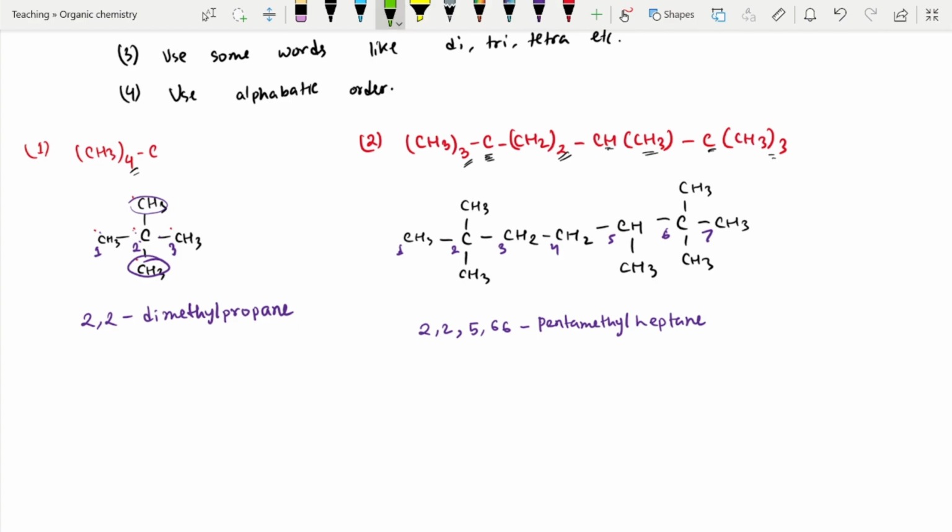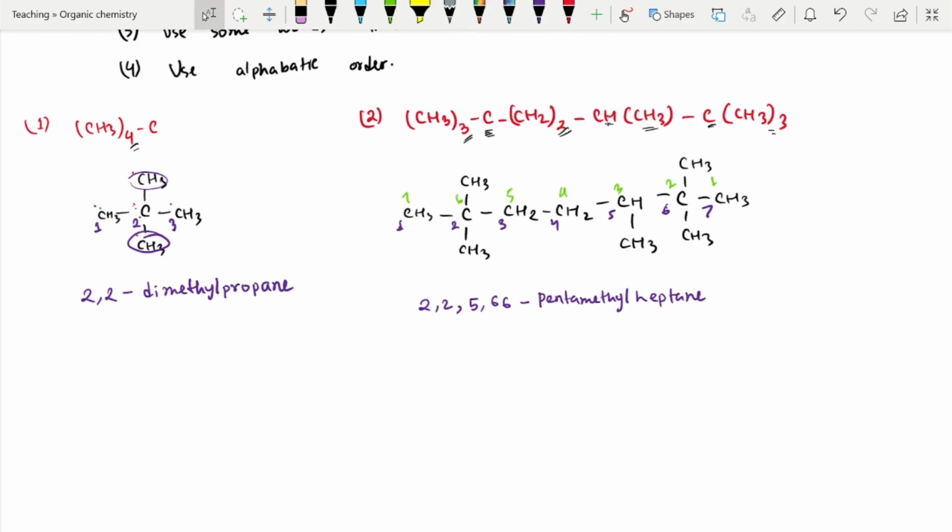And now let's count the carbons from right to left: 1, 2, 3, 4, 5, 6, 7. If we name it, we see there are two methyls in number 2 carbon, so 2, 2.